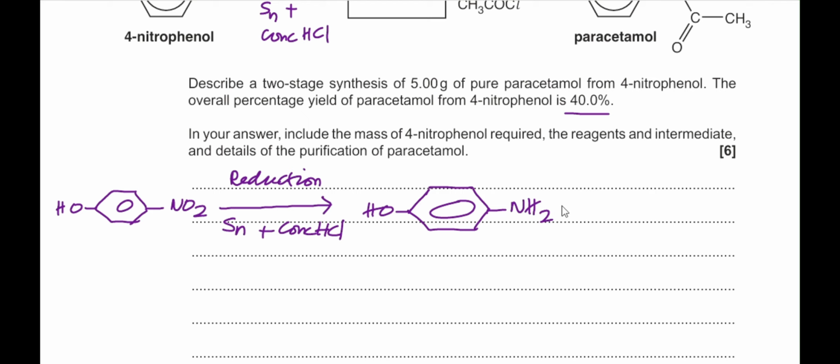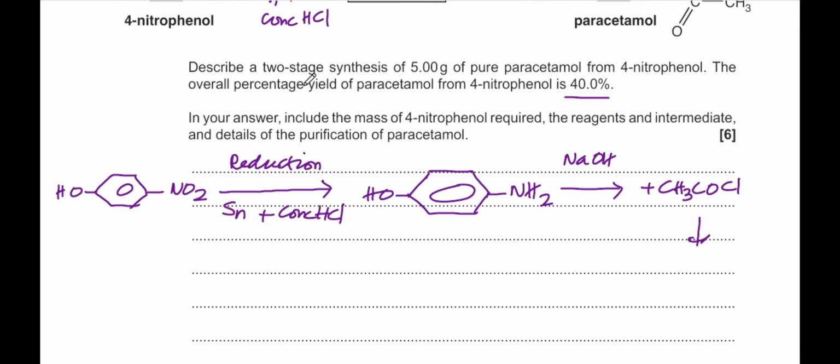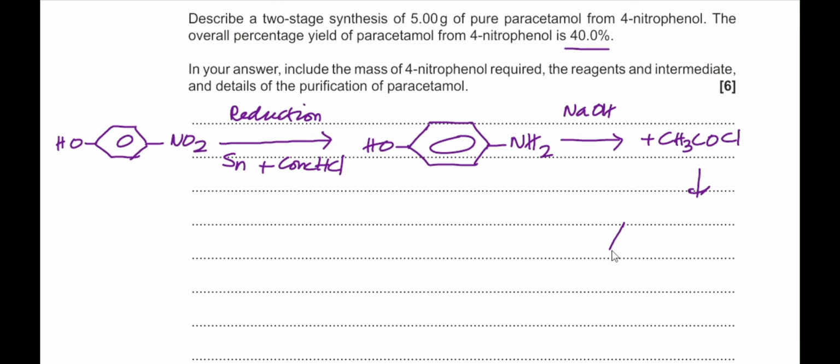Then we need to treat this with sodium hydroxide to neutralize the excess hydrochloric acid, and then from there we will be reacting it further with CH3COCl to give the final product, which is the paracetamol.